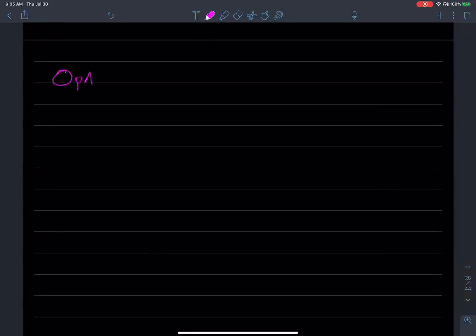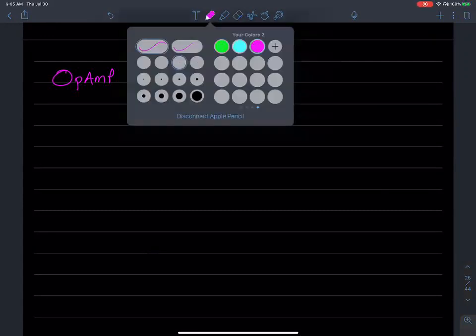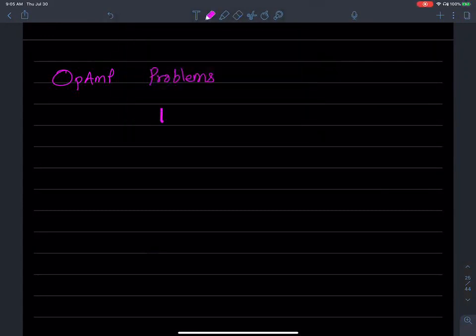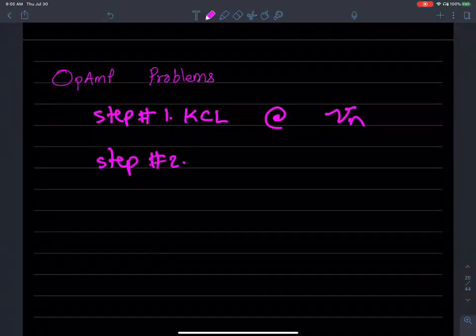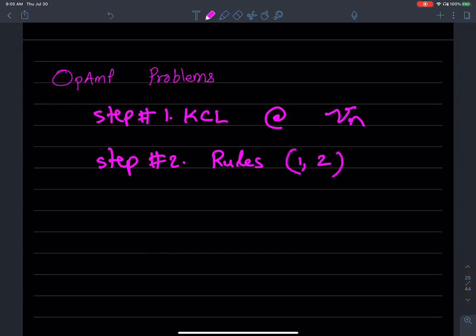The simple solution for op-amp problems is KCL at node VM. That's step one. Step number two is applying rules, rules 1 and 2. That's all there is to any kind of op-amp problem.